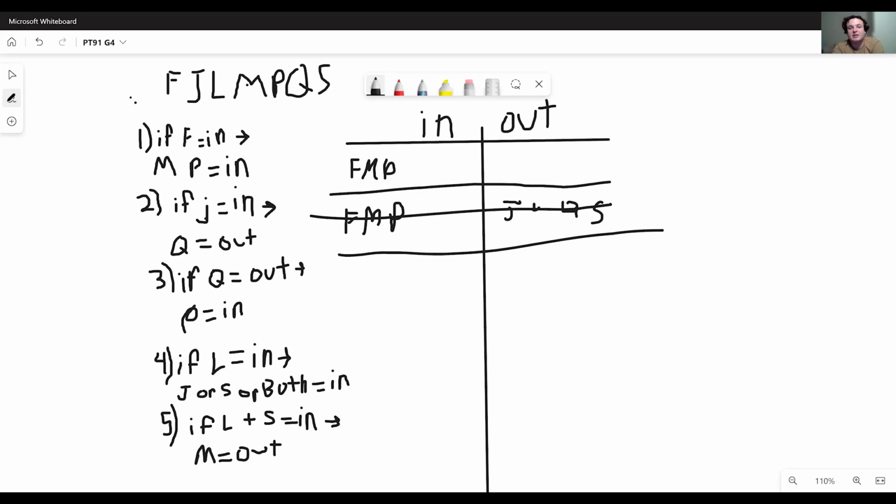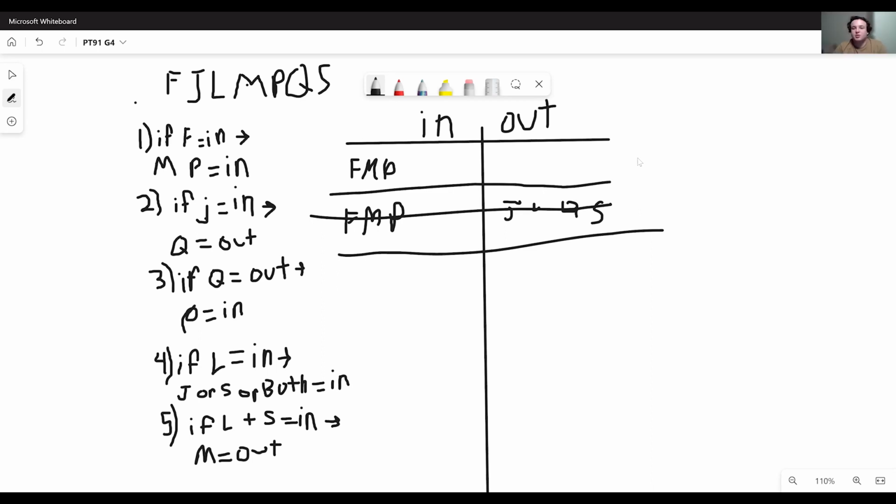Does that one make sense, why it's this one and not the 4 people one? Is that how you guys did it? Well, I went by the rule. I put F in, M, P, and then I just went down the rules on what could be possible.